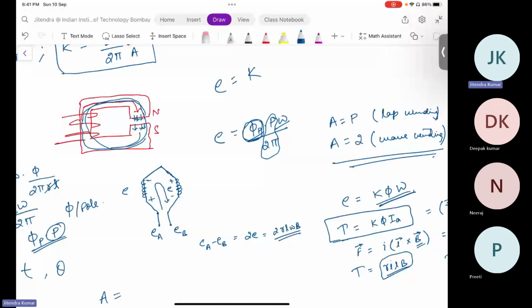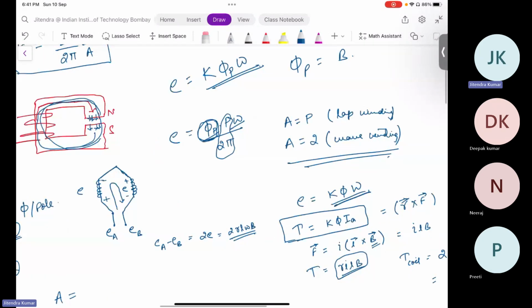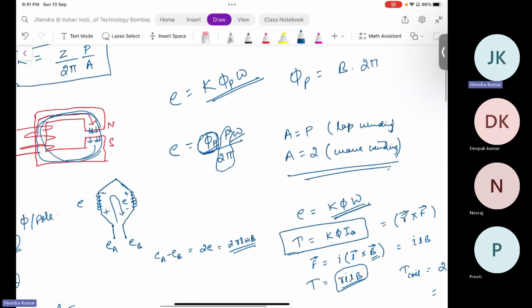So you have k phi p omega, and this phi p, you are given the magnetic flux density, into 2 pi RL by P.